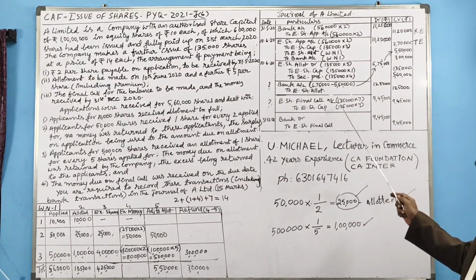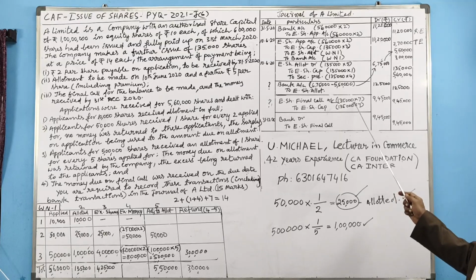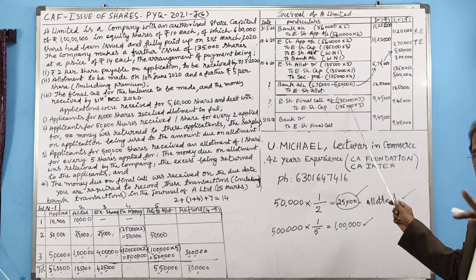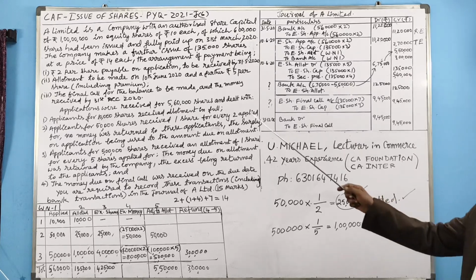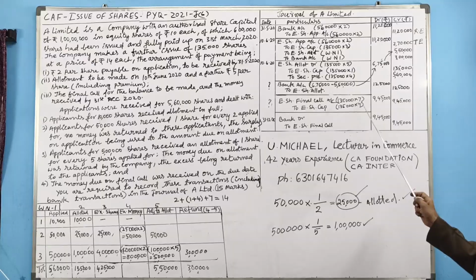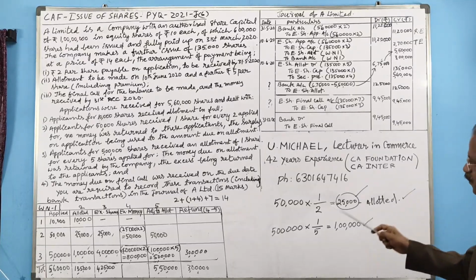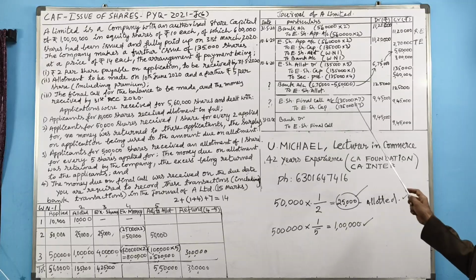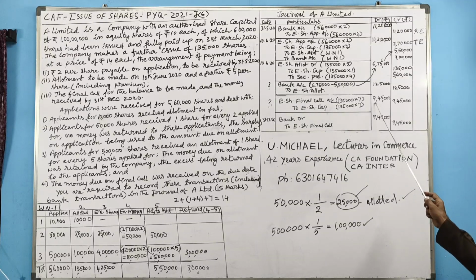For how much amount? 1,35,000. What is 1,35,000? Shares issued at the beginning, that is 1,35,000 allotted, into 7 rupees. How 7 rupees? This 7 rupees. 1,35,000 into 7 rupees, you will get 9,45,000.